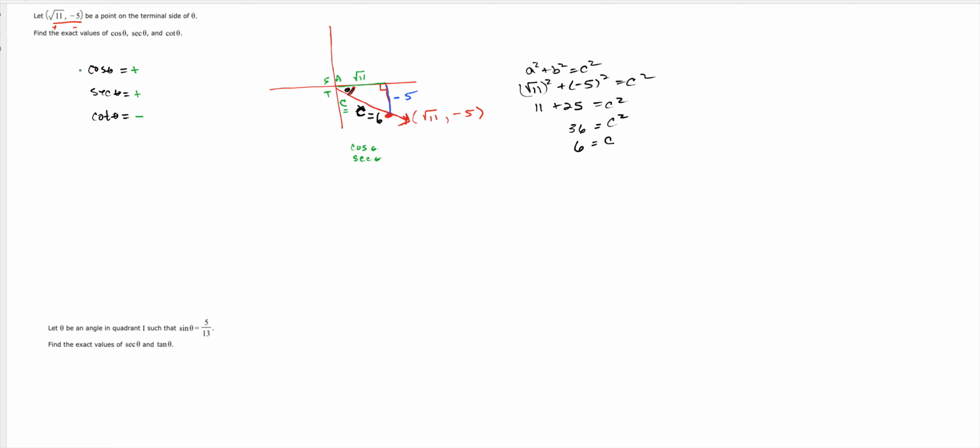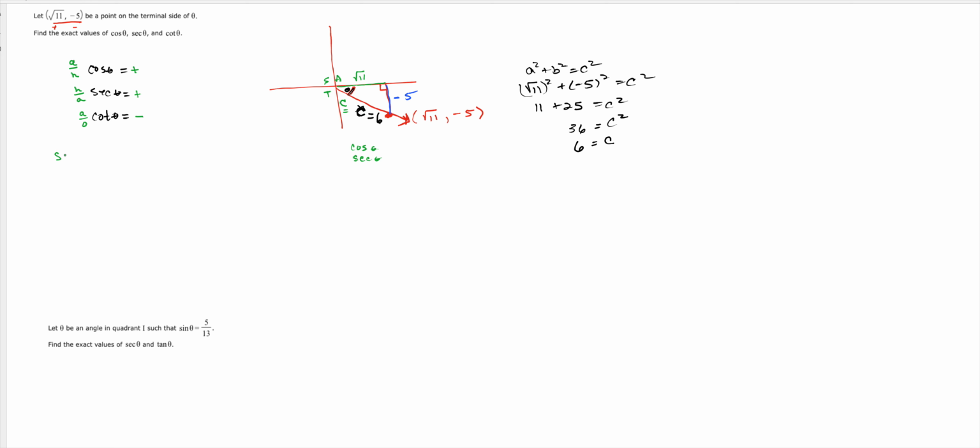Remember, cosine, when I'm looking at the right triangle, is adjacent over hypotenuse. Secant is the reciprocal of that, so hypotenuse over the adjacent side. And cotangent is adjacent over opposite.